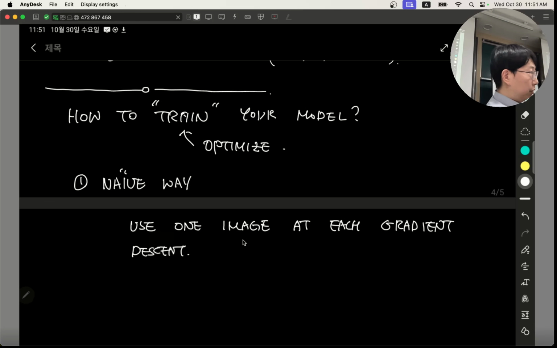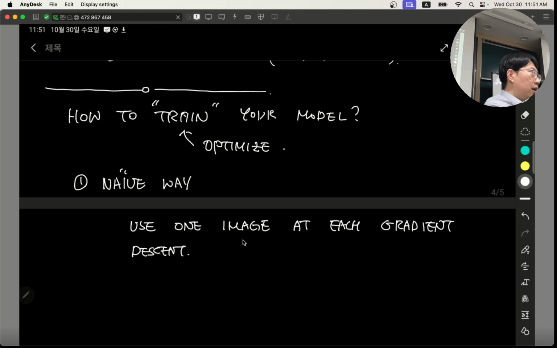As I said, each time you optimize, you need one gradient step. So this method is something like you take one image and you find the gradient direction so that you can optimize your model with this image and move your variable in that direction a small bit.